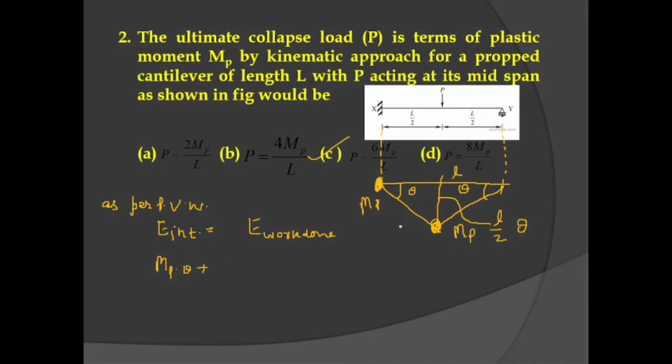Here MP into theta plus theta. So 2 MP into theta must be equal to PU into L by 2, load into displacement, PU L by 2 into theta. So PU is equal to 6 MP by L. That is our correct option.